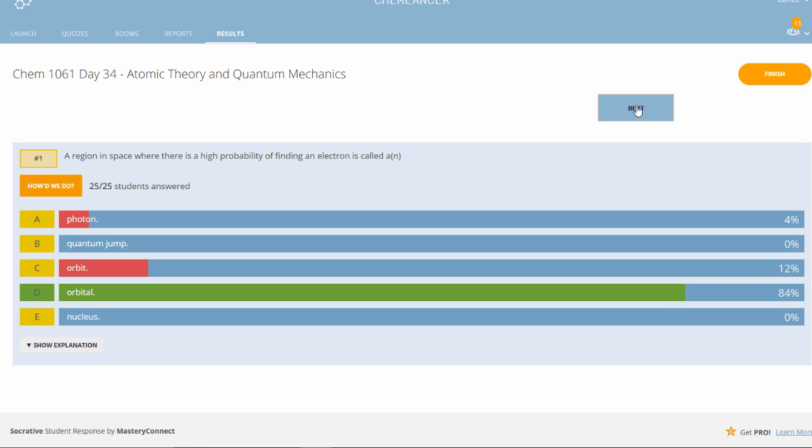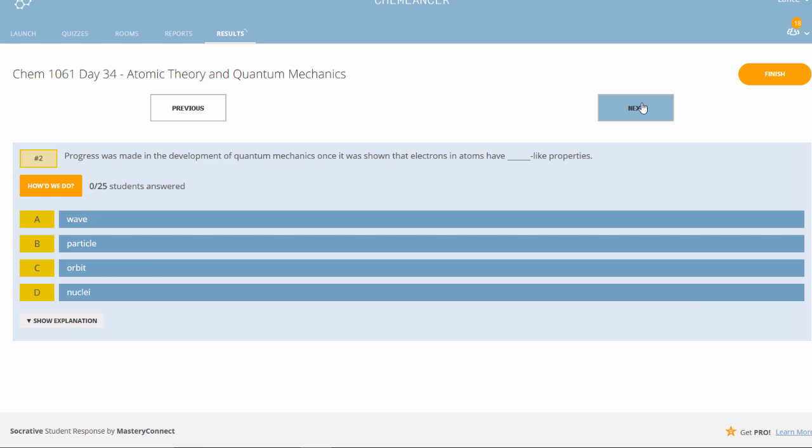Very good. And the next question was, progress was made in the development of quantum mechanics once it was shown that electrons in an atom have what kind of properties? In other words, we started moving along in our current theory, which is quantum mechanics, once we learned that electrons in atoms have what kind of properties.